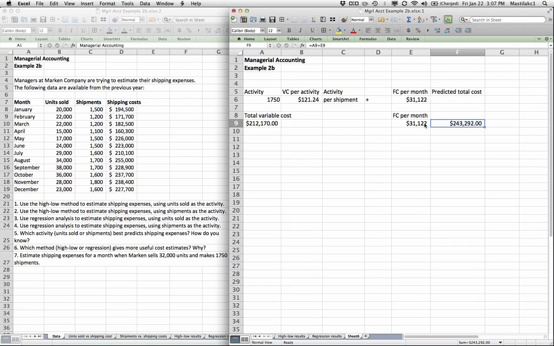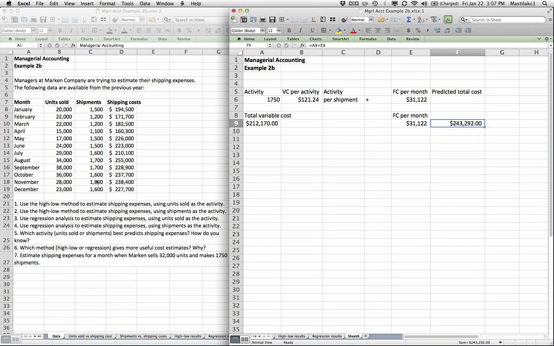Now, is this reasonable? Does this prediction make sense? Well, let's take a look at some other past data, not predictions, but past data. So we've got a 1,700 shipment month where we had cost of $255. We had a 1,700 shipment month where we had cost of $228. We had 1,800 shipment month where our cost was $238. And here we're at 1,750 for our month that we're predicting.